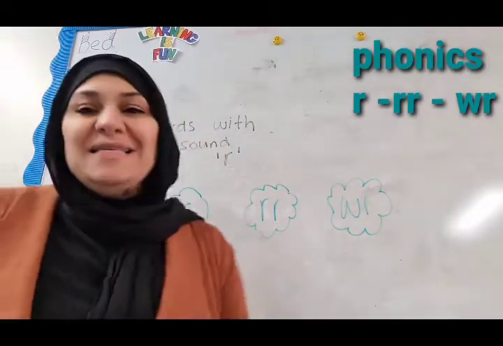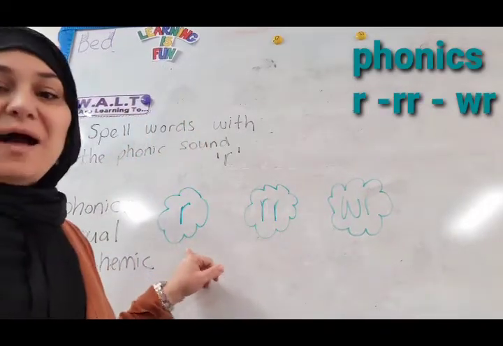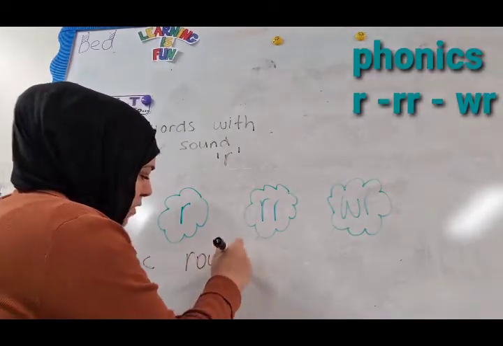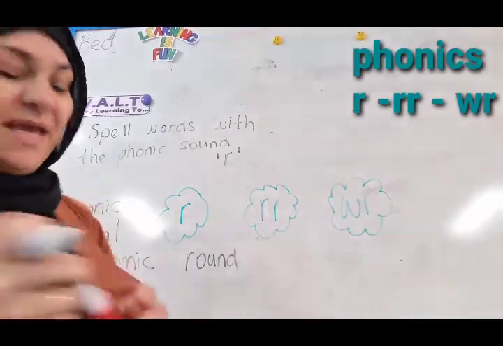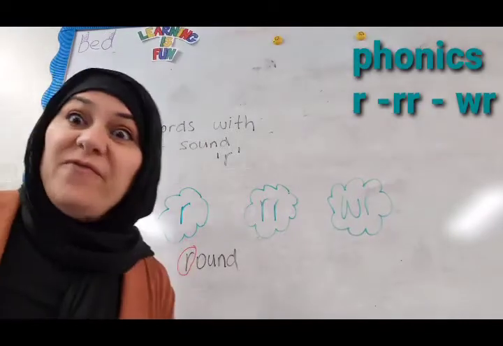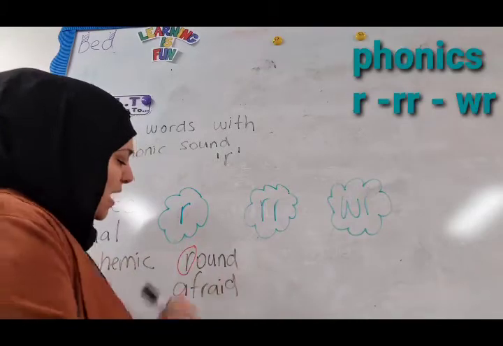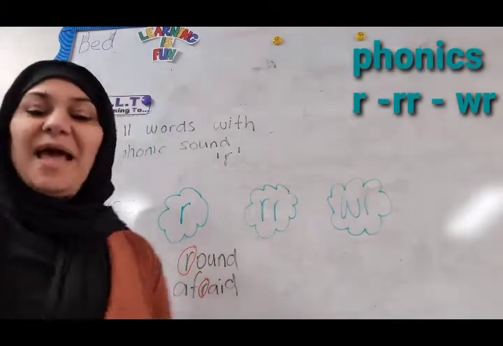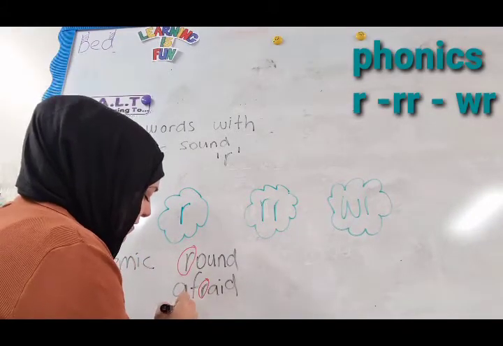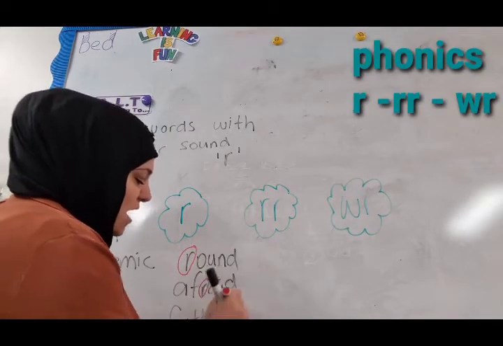Now, of course, the most basic way that we can represent the sound is with one letter R, such as the word round, where R is at the beginning of the word, or such as the word afraid, where R is in the middle of the word, or perhaps the word father, where R is at the end of the word.